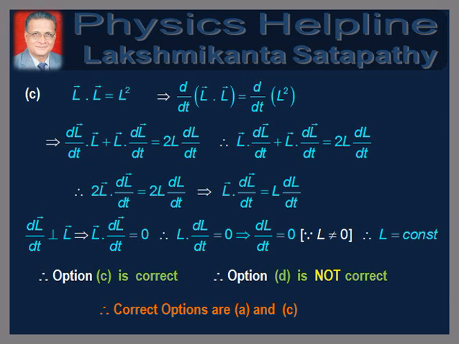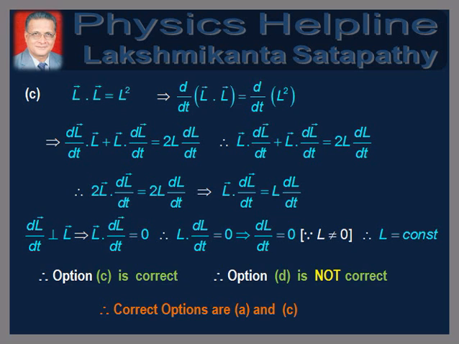This implies dL by dt dot L plus L dot dL by dt is equal to 2L dL by dt. Since dot product of vectors is commutative, we have dL by dt dot L is equal to L dot dL by dt. Therefore, we have 2 L dot dL by dt is equal to 2L dL by dt. Therefore, L dot dL by dt is equal to L dL by dt.